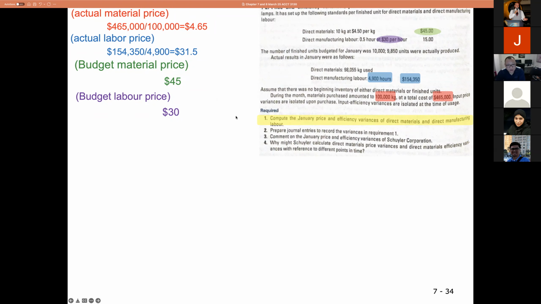Okay, so now let's do this. Let's first do direct materials. So I'm setting up the left column. I want to know what's the actual cost for my direct materials.